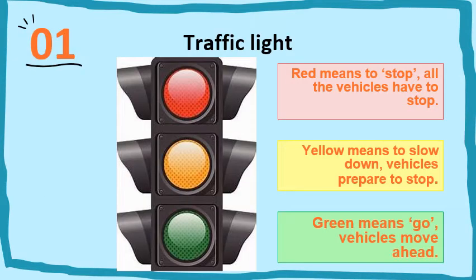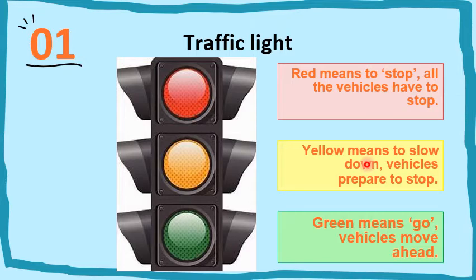What can you see? That is a traffic light. The traffic light has 3 colors: red, yellow, and green. Red means to stop. All the vehicles have to stop.